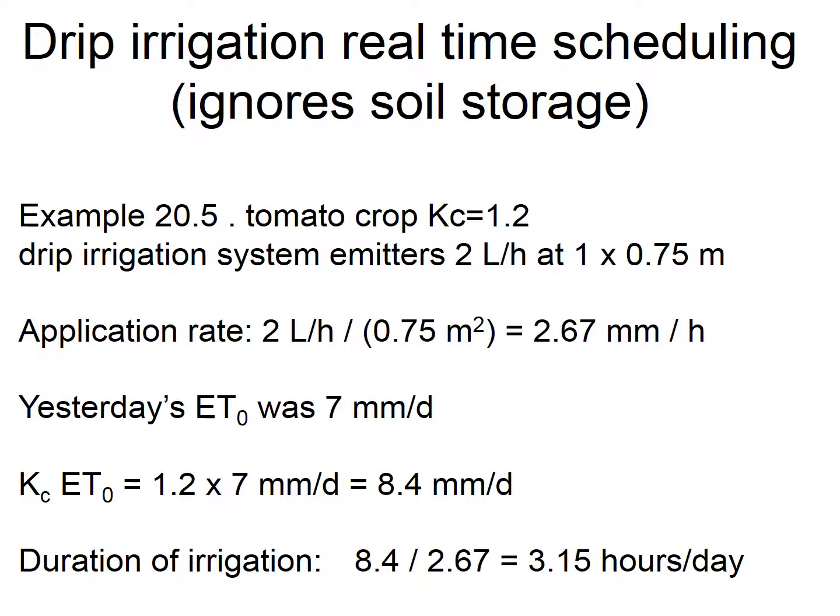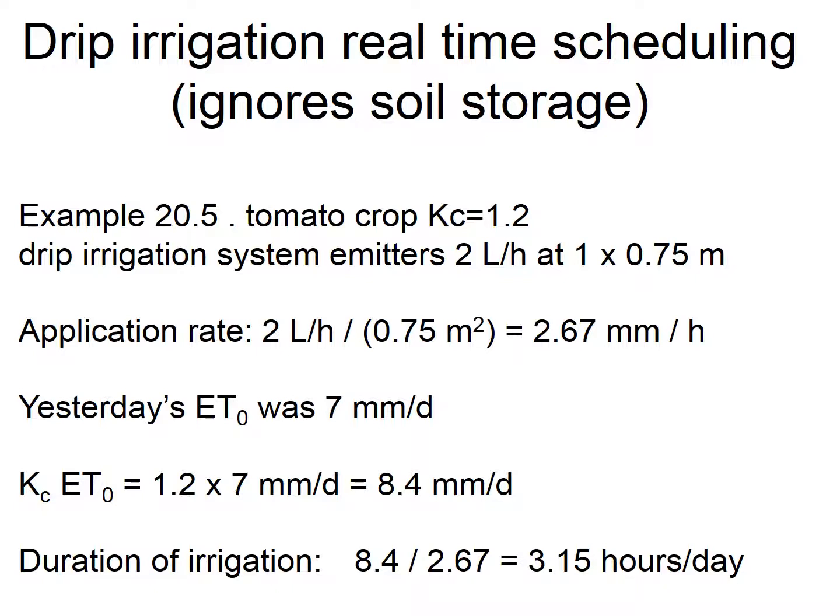The application rate is obtained by dividing the discharge rate of 2 liters per hour over the area covered by each dripper, in this case 0.75 square meters. And that gives us an application rate of 2.67 millimeters per hour.